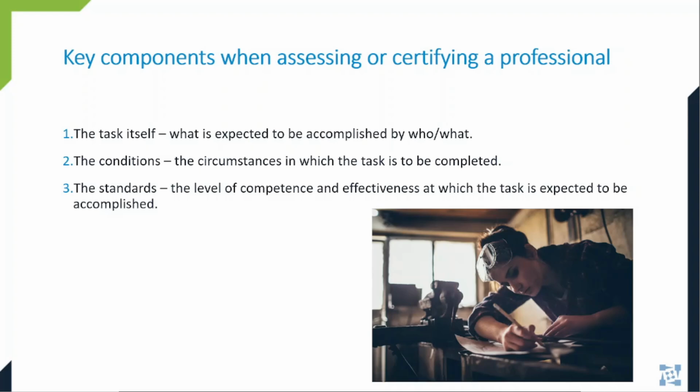And then the standards really show how well a person or a thing completes that task and whether it's according to expectations. Now with these three things, and I think you already sense it, I think there's a link to software development as well, but that we'll explore a little later.